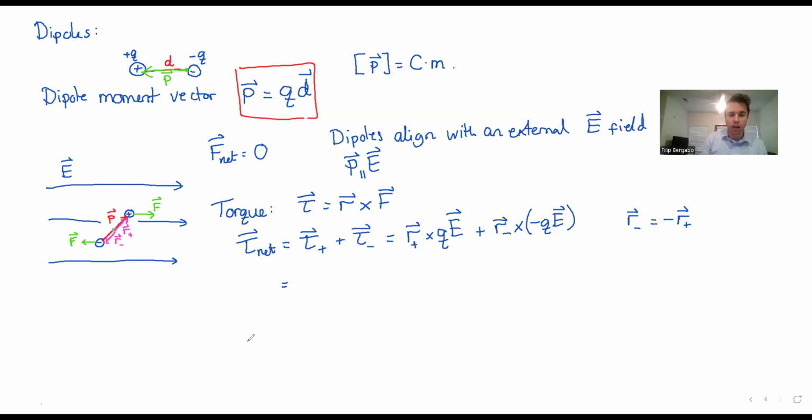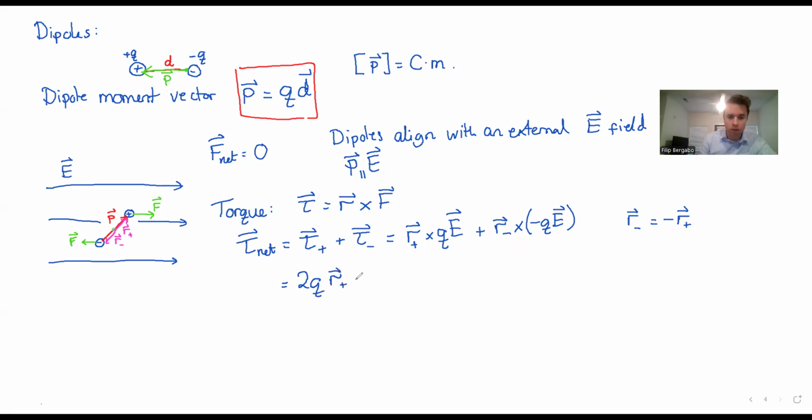So what we get then is this. This simplifies things, and if you replace this r minus with a minus r plus, now both of these have r pluses out front, and in the second one, the two negative signs will cancel. So we can combine these and write this as 2 r plus times q. Let me pull the q out front because it's a constant.